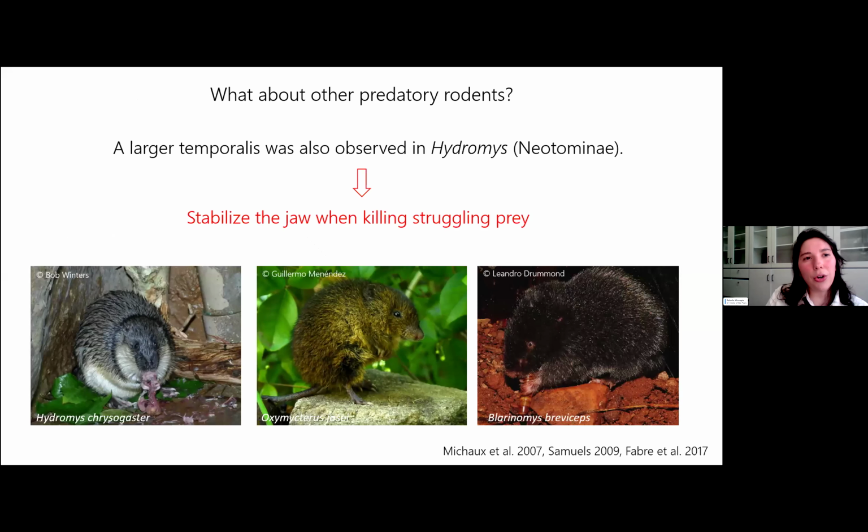And we can compare this to other species of predatory rodents besides the one we are analyzing. Some of them have been dissected, and a larger temporalis was also observed in Hydromys, that semi-aquatic Australian rat that eats cane toads that I mentioned before, suggesting that jaw stabilization is important for other predatory rodents.